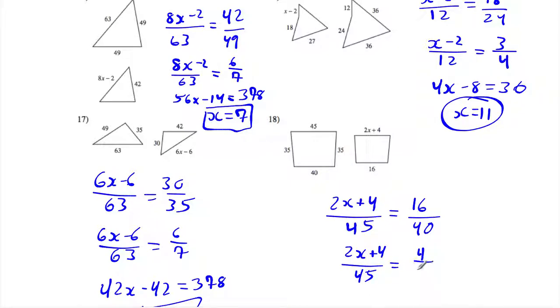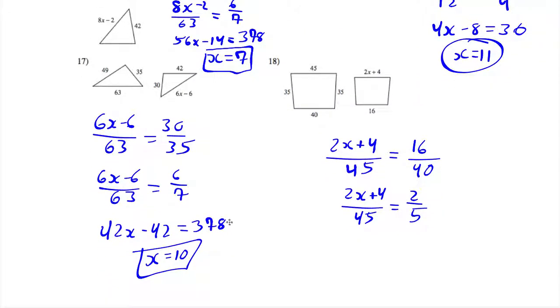They both have a common factor of 8. So we can reduce that even further, 2 to 5. Cross multiplying, we get 10x plus 20 is equal to 90. So we get x is equal to 7 when we solve all of that.